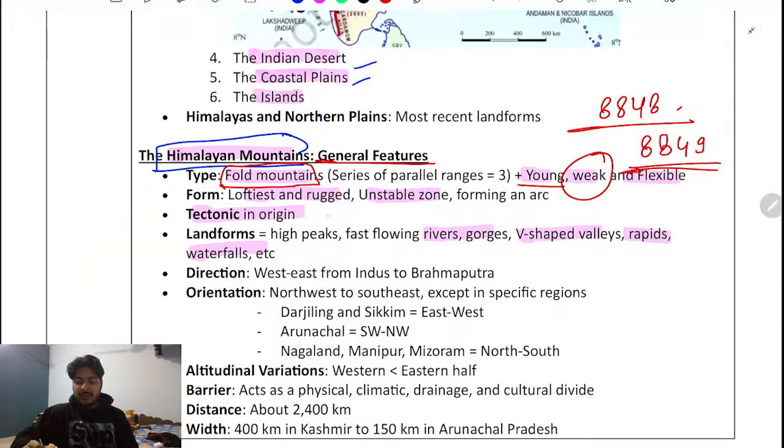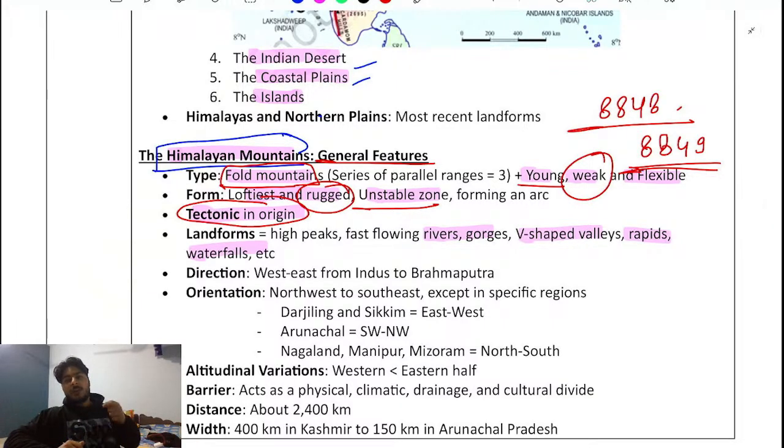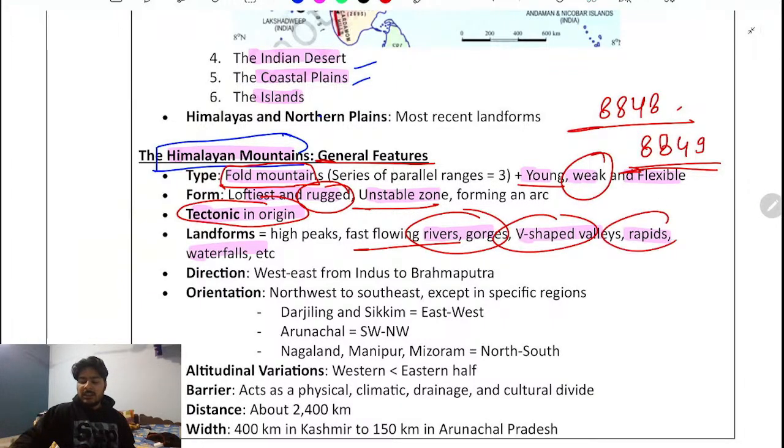Overall, it is a rugged mountain, an unstable zone. It has a tectonic origin, as I told you: the Himalaya originated tectonically because of the tectonic activity of the Indian plate and the Eurasian plate, as the Indian plate goes inside the Eurasian plate. Okay? It also led to the generation of river gorges, V-shaped valleys and rapid waterfalls.